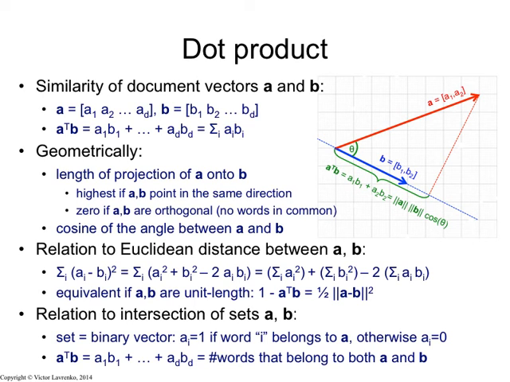A1 is 1 if and only if the word 1 occurs in document A. B1 is 1 if and only if it occurs in document B. So A1 times B1 tells you, is the first word present in both document A and document B. And then when you add it up over the whole vocabulary, you get just the size of the intersection of the two sets, or the number of words that you have in the overlap between the two documents. So they're all closely related to each other.